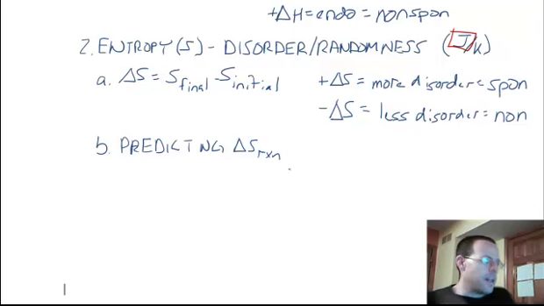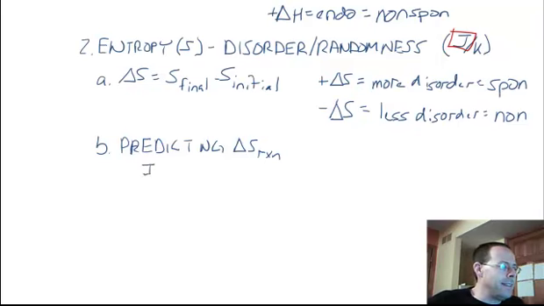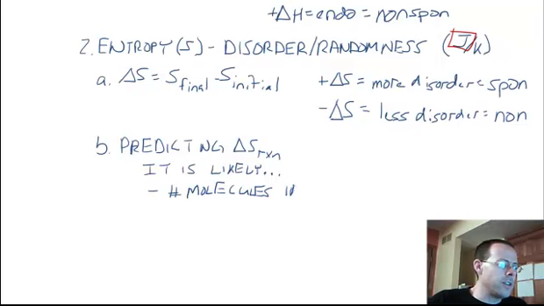And we might say it is likely, and then we're just going to list several times when it's likely. It is likely positive if the number of molecules increases in a reaction.